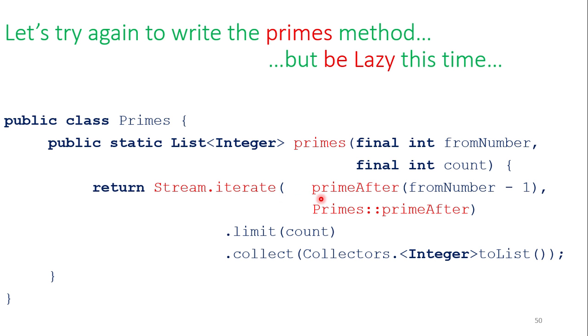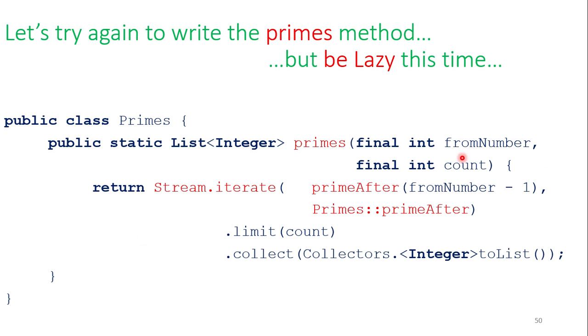So we call iterate. We have a new method that we are going to detail in the next slide, okay, named primeAfter. And the point of primeAfter is to return a prime, the first prime that occurs after a number we specify as parameter.